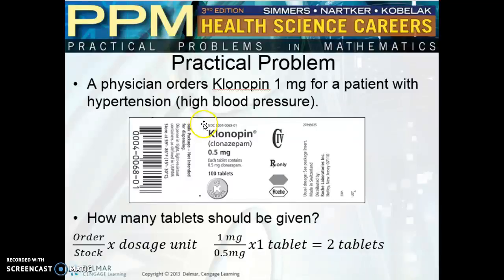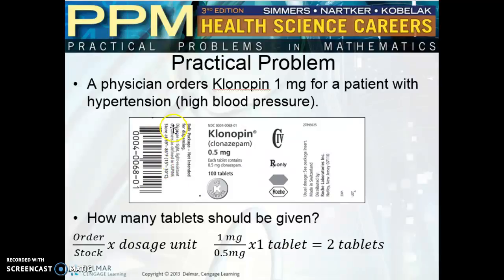Then right up here is the NDC code. The first digits there are telling us about the company who manufactured this. The next set of digits tell us what medication it is. And the last two digits tell us about the package size of that particular medication. So anything made by this company, which is Roche, is going to start with the same digits for their NDC. That's really something to keep in the back of your mind.